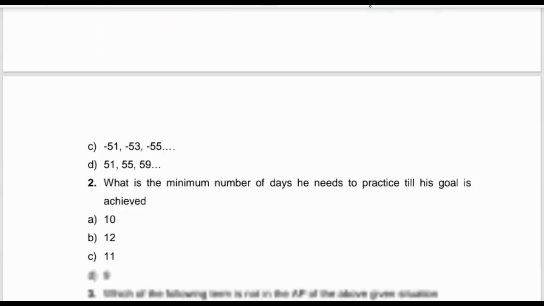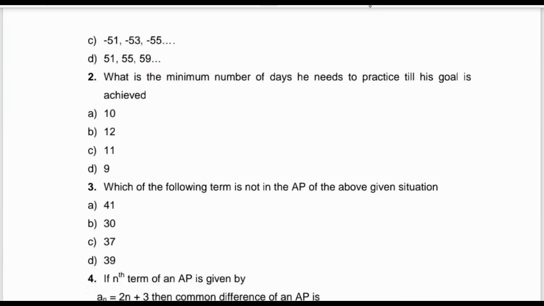The next one is: what is the minimum number of days he needs to practice till his goal is achieved?